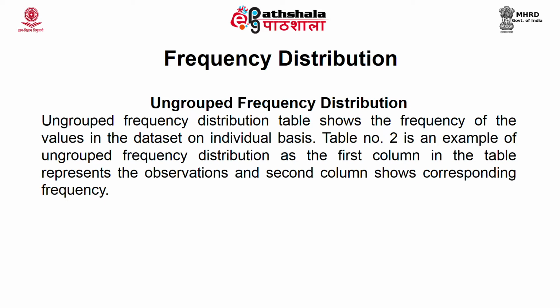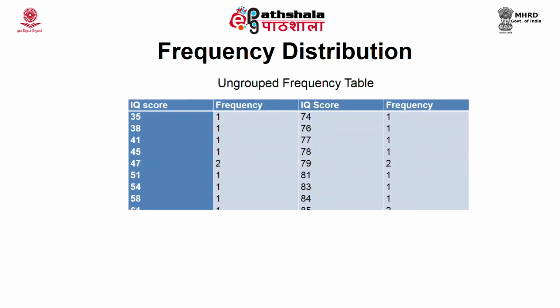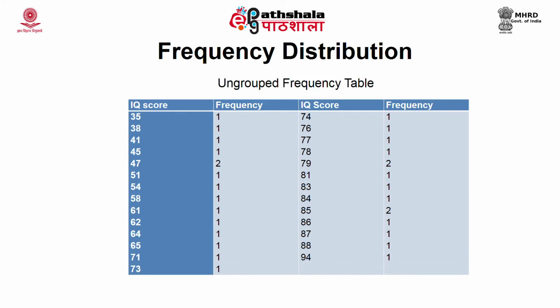Table number 2 is an example of ungrouped frequency distribution, as the first column in the table represents the observation and the second column shows the corresponding frequency. From table 2 you can see that on the left hand side we have the IQ scores of the students and correspondingly the frequency on the right hand side.